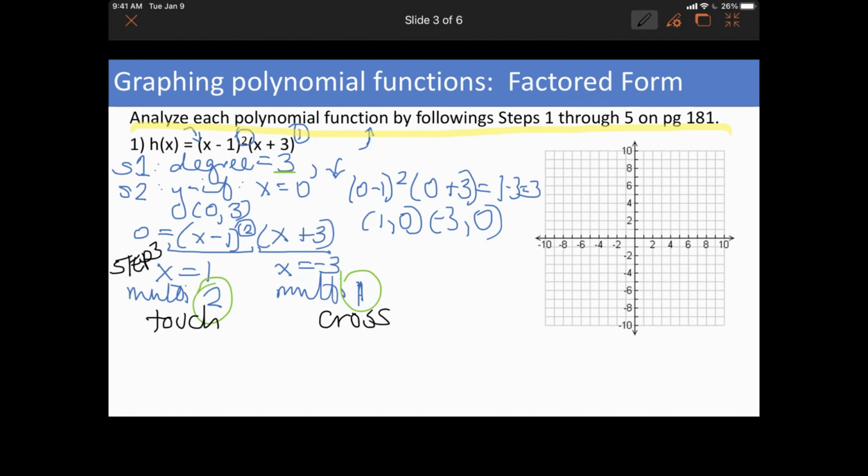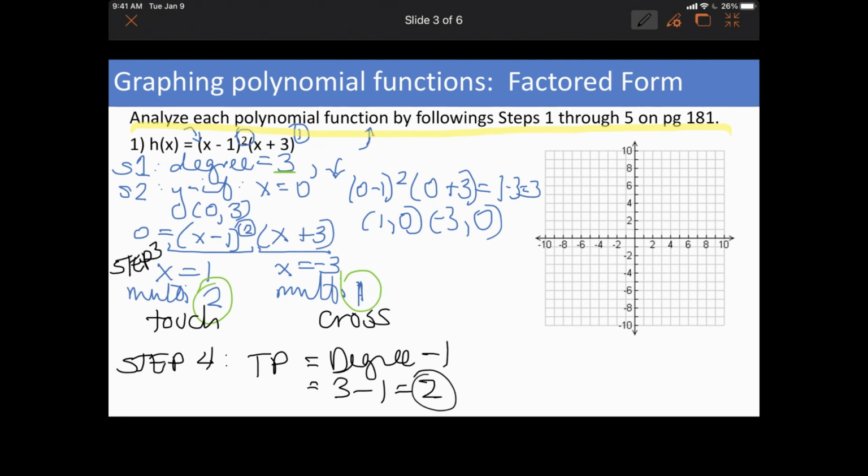All right, determine the turning points. Okay, this is what I did not talk about. The turning points equals degree minus 1, maximum amount of turning points. So 3 minus 1 is 2. Okay.